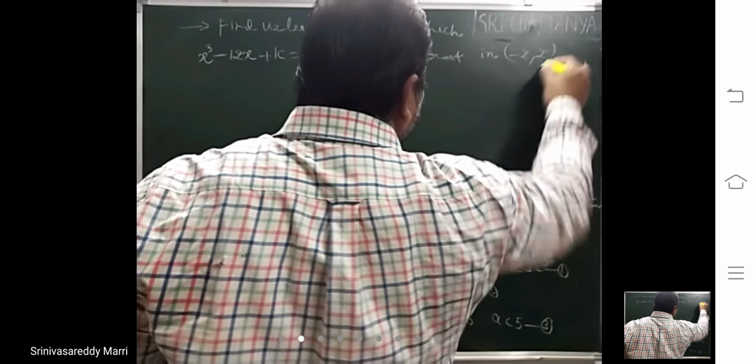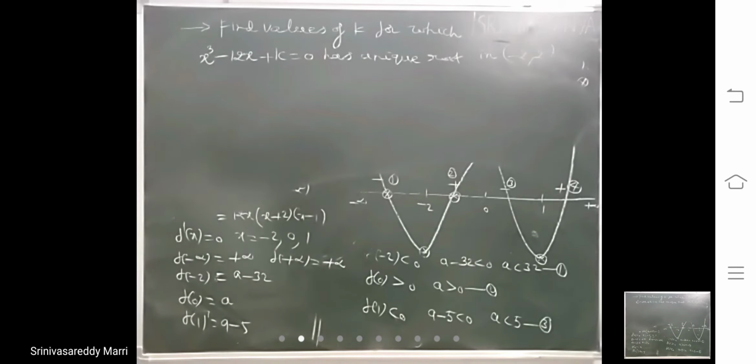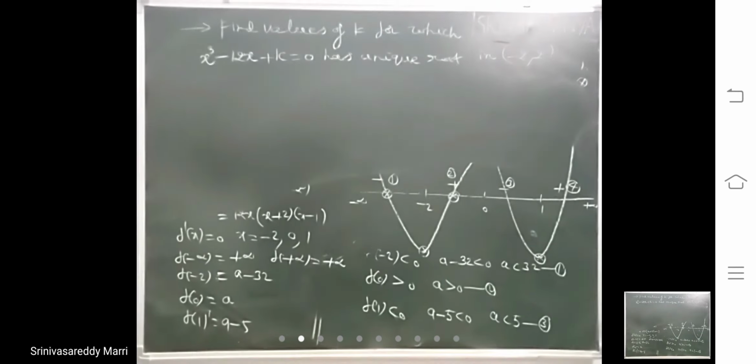He is telling that in minus 2 to 2 only one root must be there. In this interval only we will construct the graph.